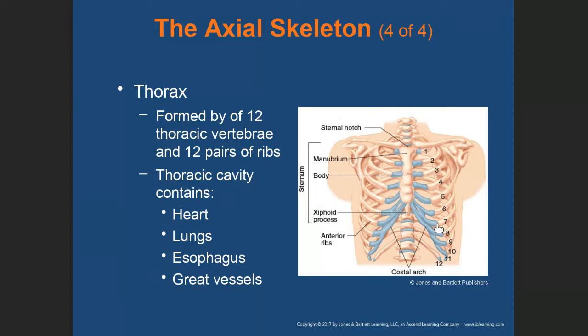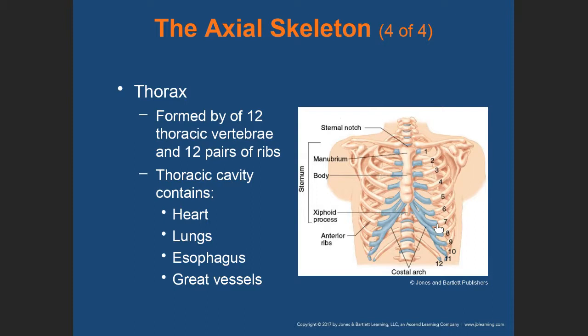Go ahead, Mr. Washington. I'm looking at it, sir, with the explanation. I get a conclusion from it. It's showing that it protects the heart and the lungs, from 1 to 7 is covered.